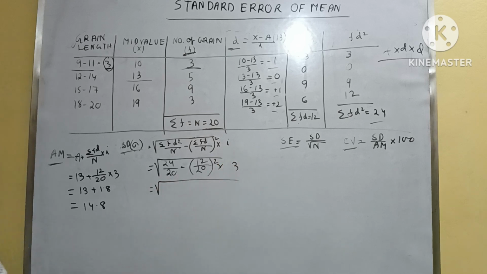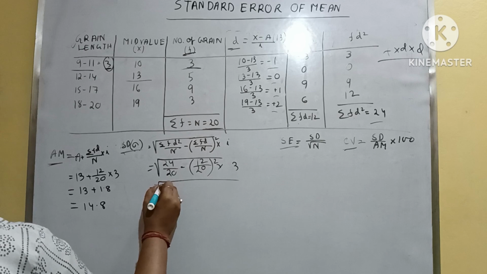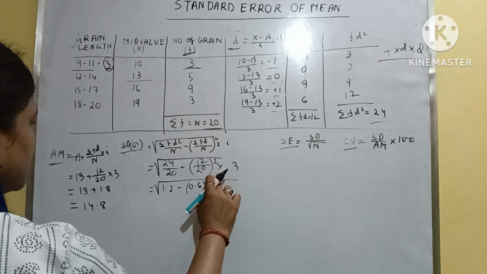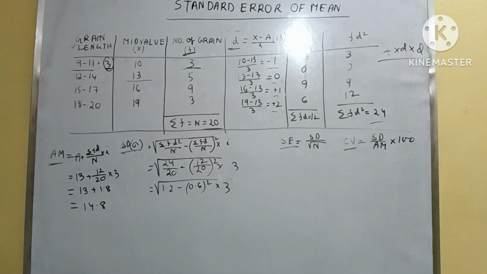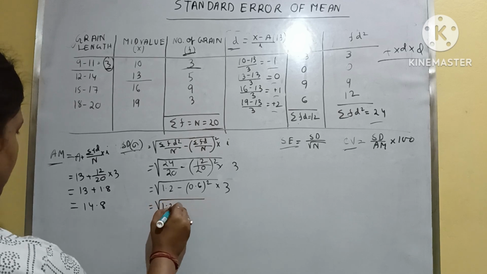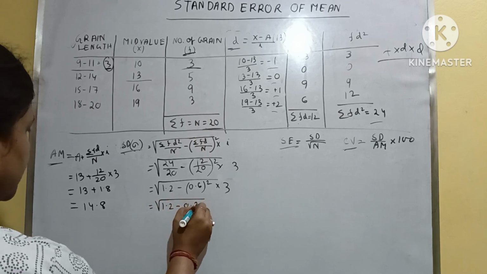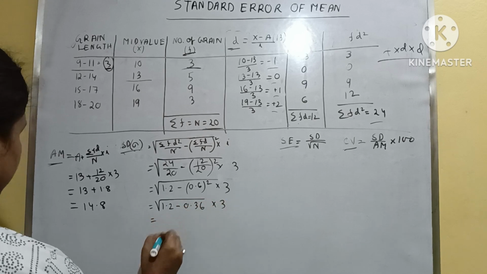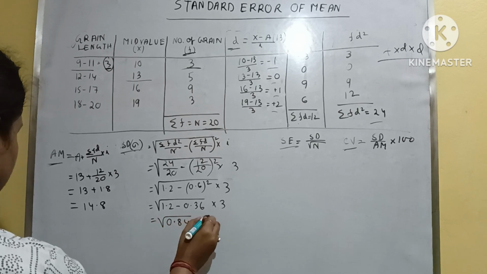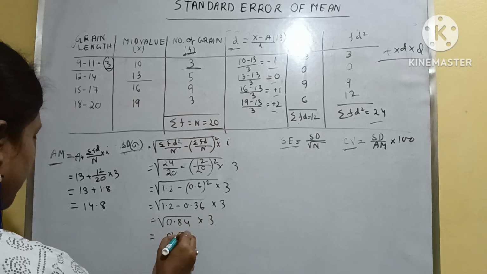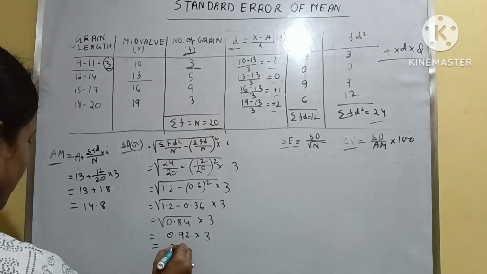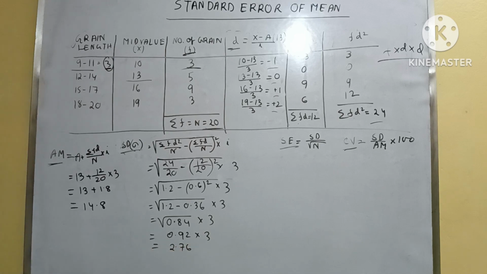So the value becomes 1.2 minus 0.6 square, into 3. Clear? Here the value is 1.2 minus 0.36 into 3, which becomes 0.84 into 3, so the root gives 0.92 into 3, and the value becomes 2.76. This is the SD value.